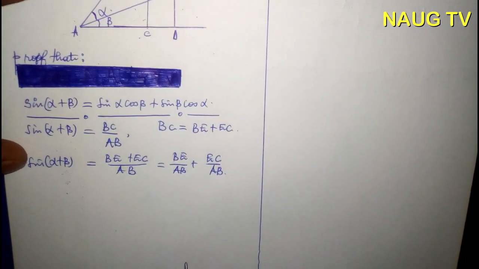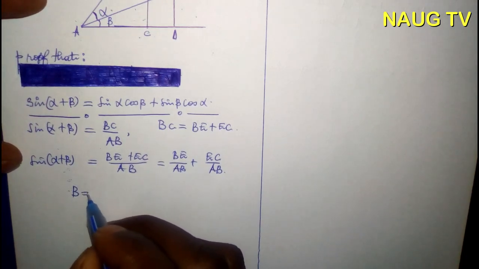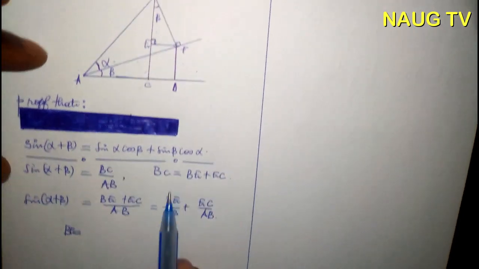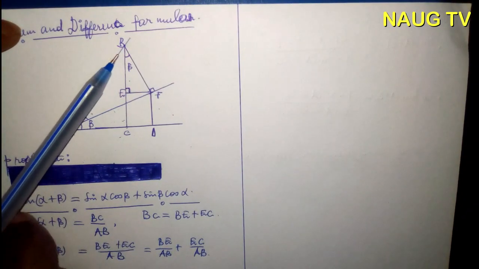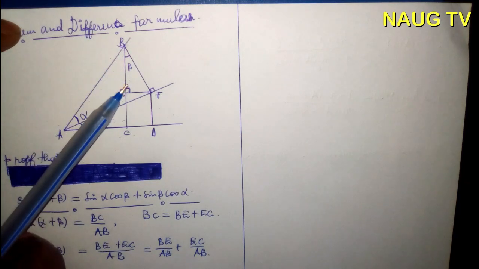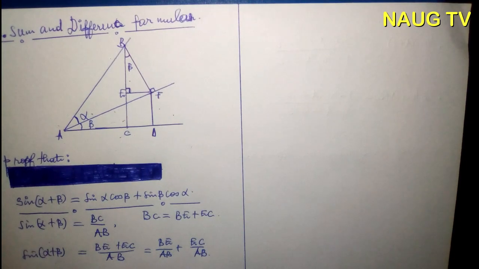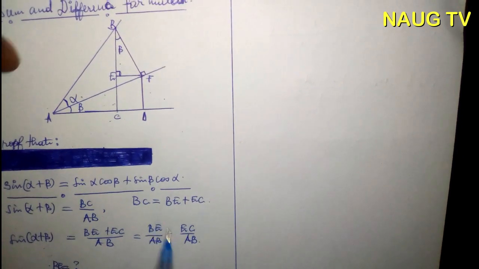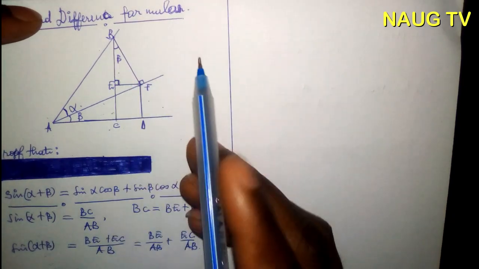So from this diagram we are going to see also BE would be equal to which value? So BE, distance BE, it is this one, okay? BE would be equal to, well, we have the relation here, the sine of beta, this angle here.